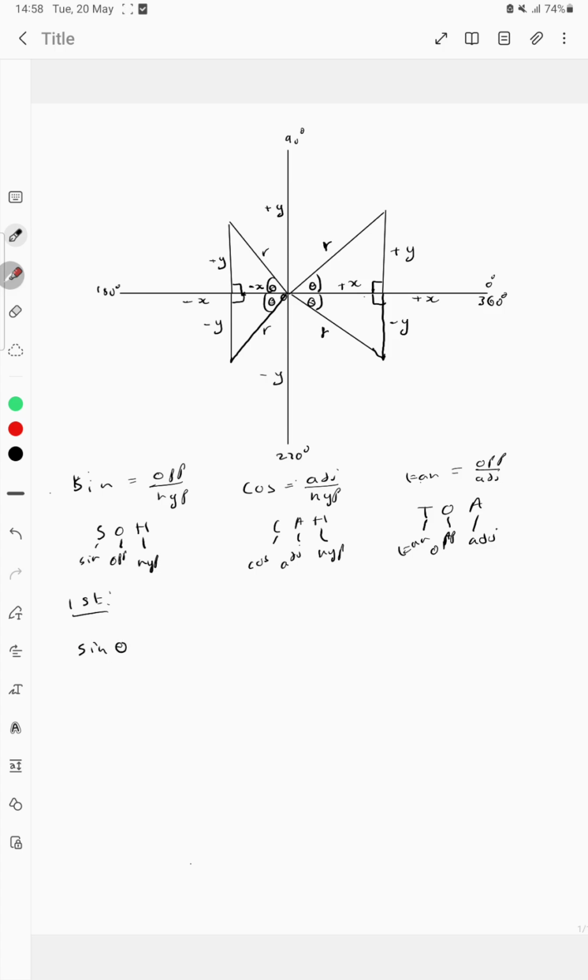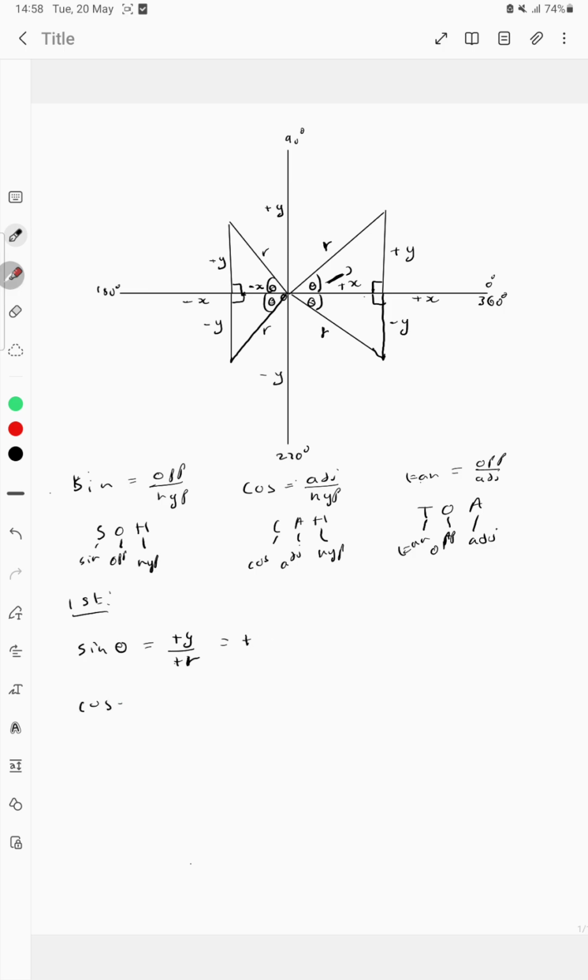Okay, so in the first quadrant, we have sine. So sine of theta, if I'm here, my opposite side would be what? The y. So it's positive y over positive r. And then positive divided by positive would give us a positive answer.